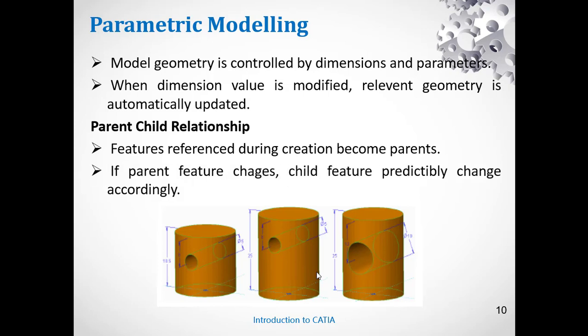If the parent feature changes, the child feature predictably changes accordingly. So I changed the parent feature, the height of cylinder, from 18.5 to 25, and the child feature automatically changes. This is what parametric modeling is.